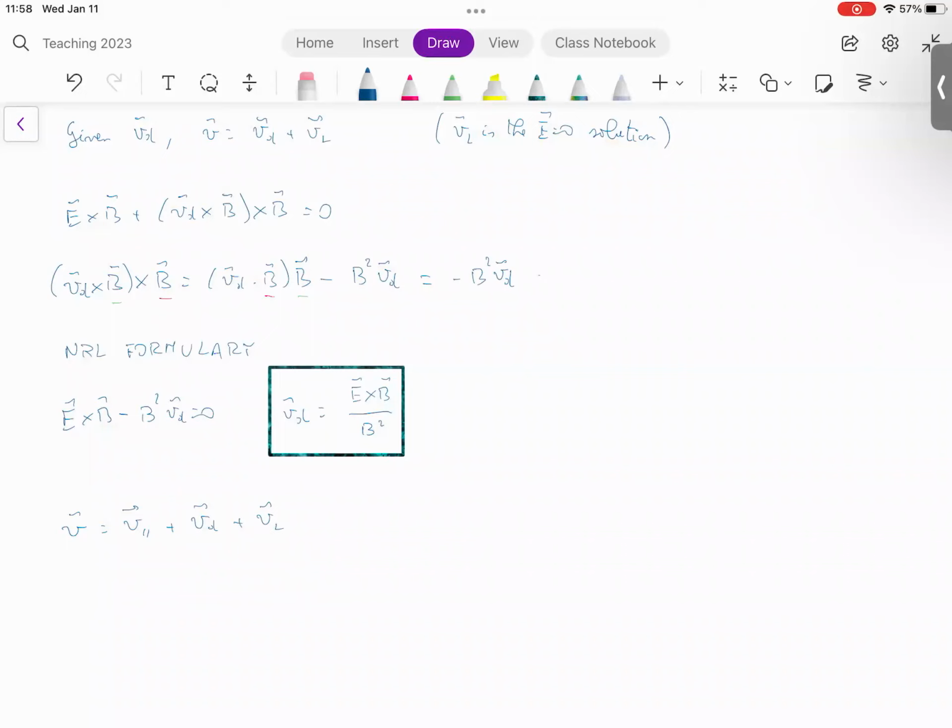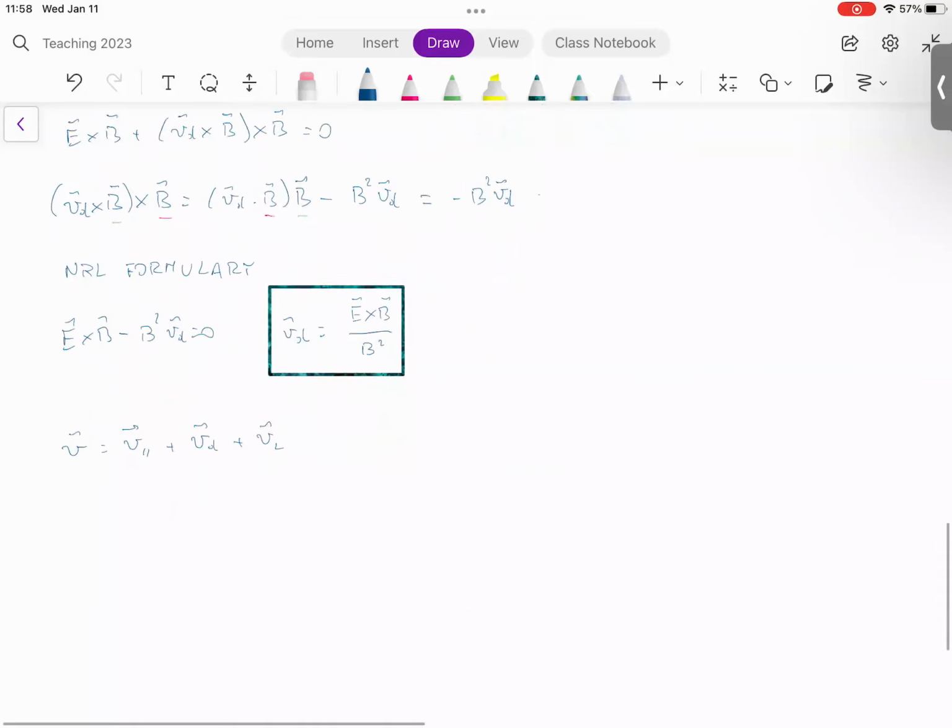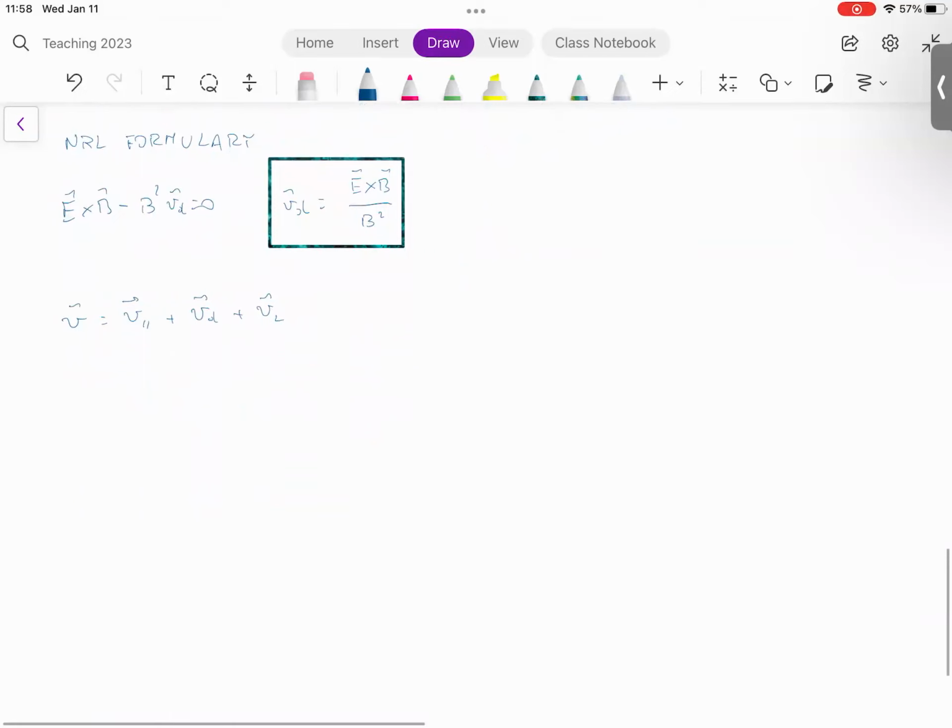Now, I would be happy if I knew how to make nice pictures and drawings. There is, of course, going to be one in our book, and you can find them anywhere. But maybe I can try to give a little bit of physical intuition about what is happening with the drift.